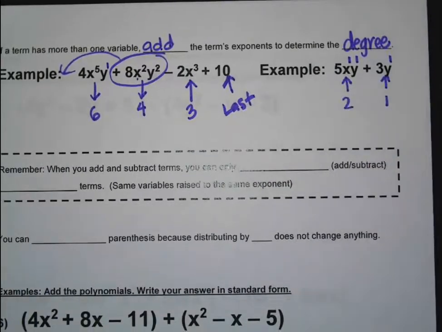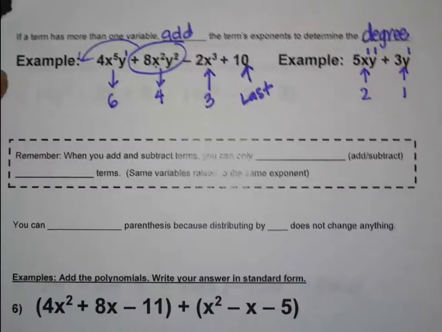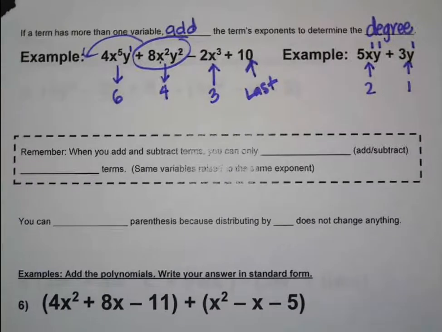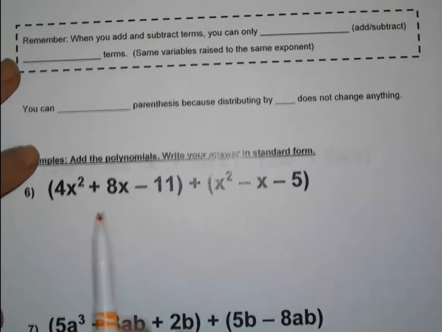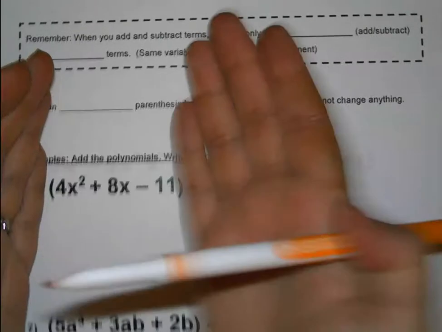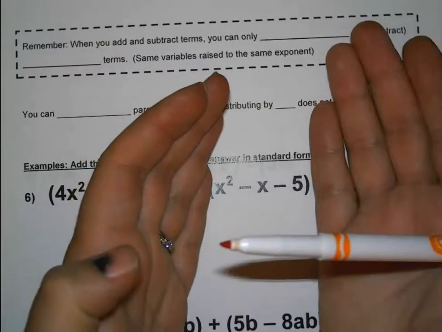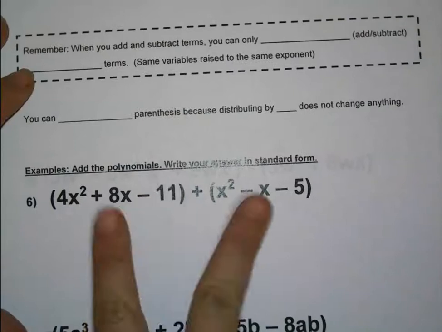Okay, now let's get to our big objective for this lesson, and that is how to add and subtract polynomials. So remember, to be able to do these problems, these are polynomials, right? This is a trinomial plus another trinomial. So how do we combine these together?